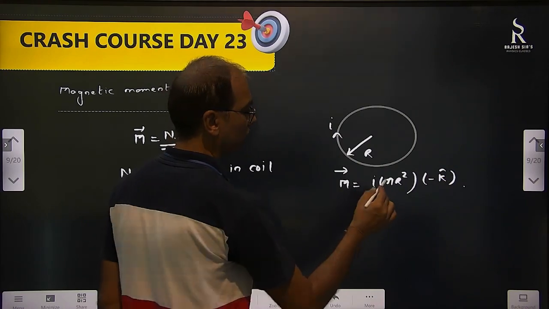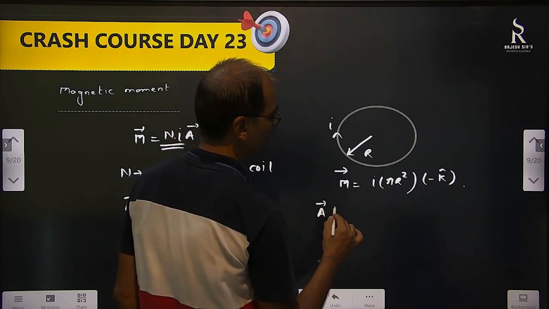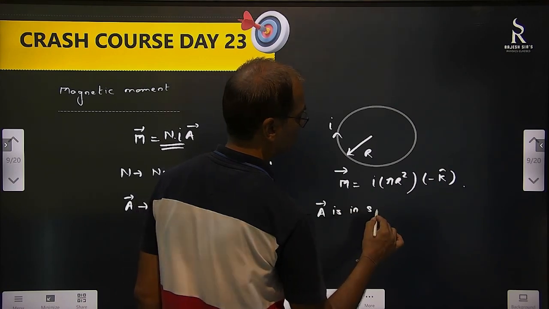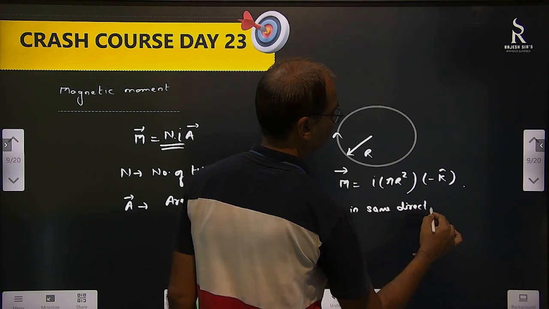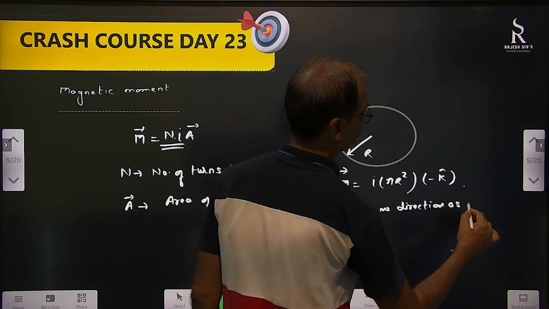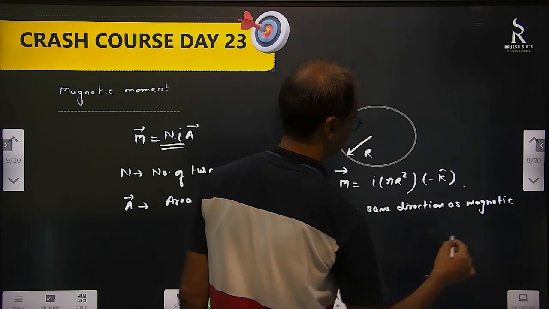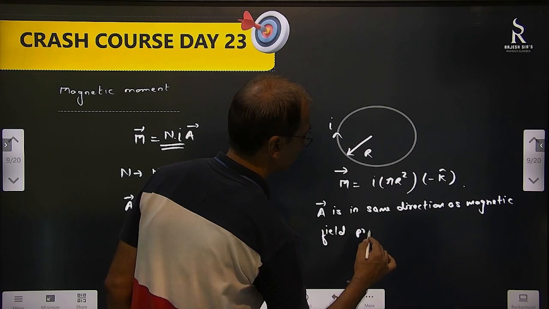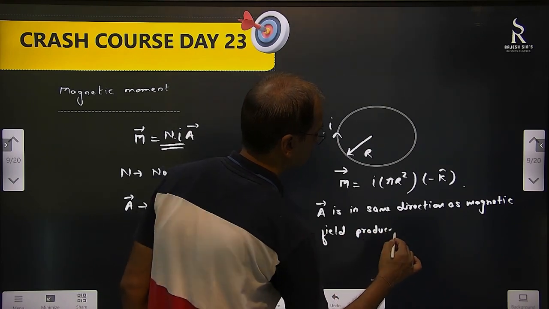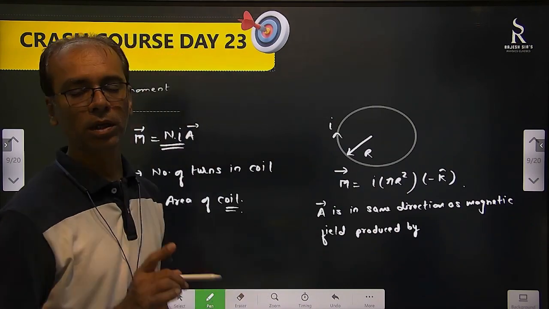Okay, so here in this case, remember the area vector is in the same direction as the magnetic field produced by the current carrying coil, not the external magnetic field, because questions will come with an external magnetic field.